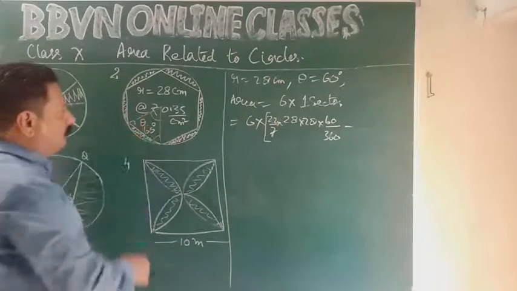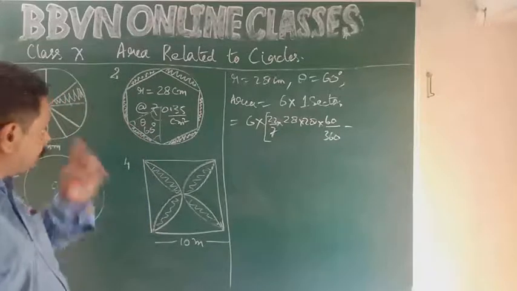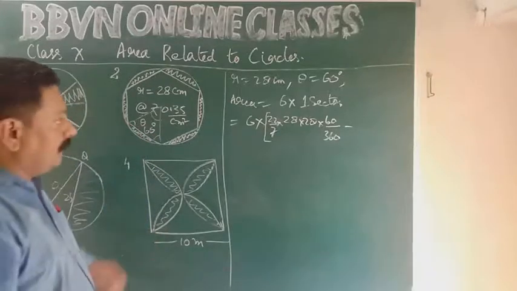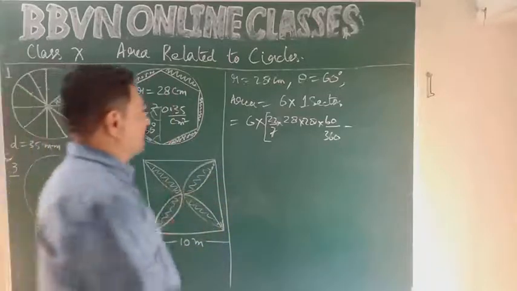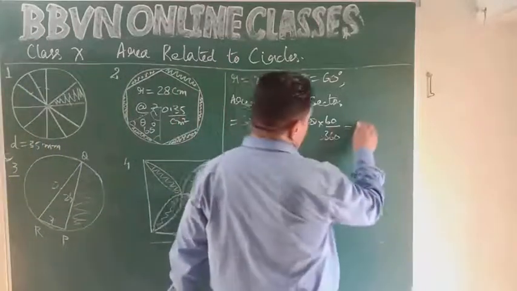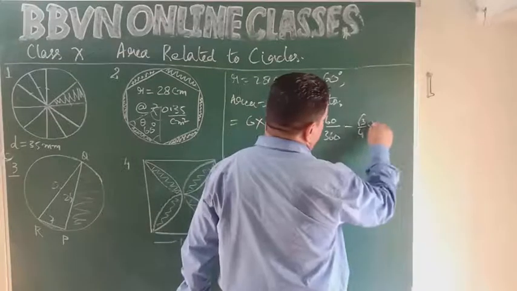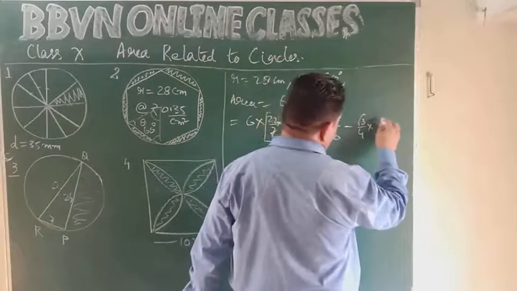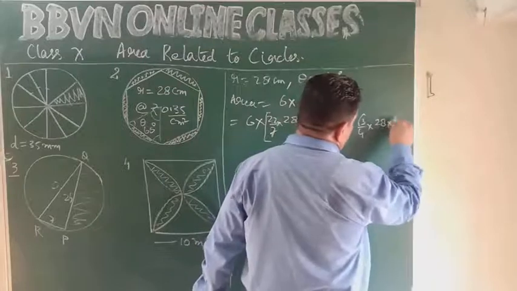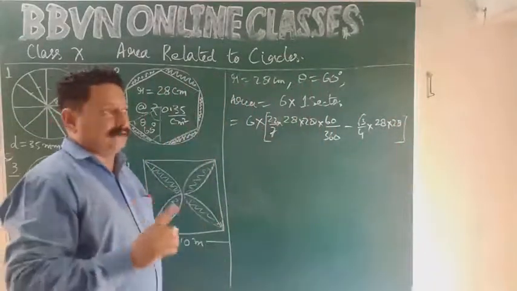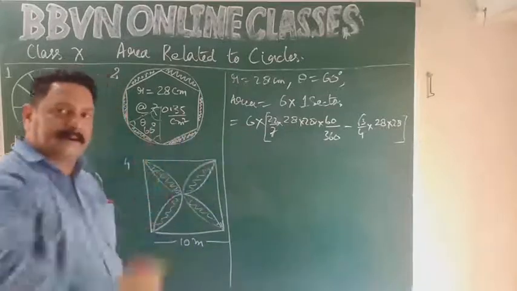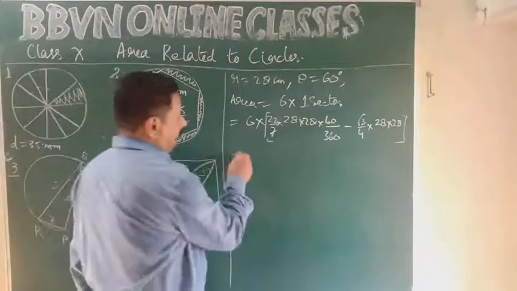So these two angles will also be equal. Ultimately, the triangle turns out to be an equilateral triangle. Area of equilateral triangle is root 3 upon 4 side square, right? Side square is radius, 28 into 28. This is the area of one sector. Multiplied by 6, you will get the entire area of the design.